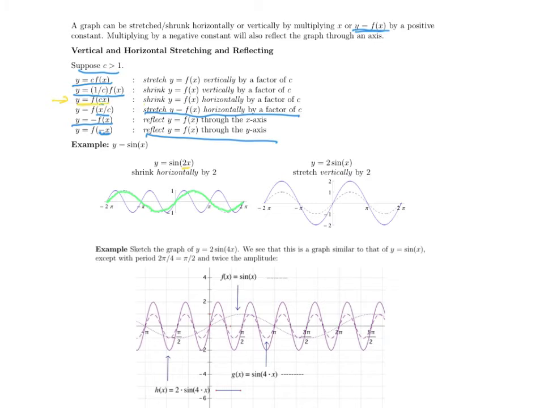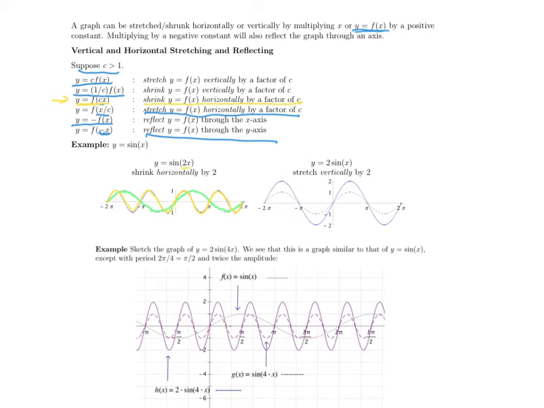The graph should shrink horizontally by a factor of 2. So what does that mean? That means that the wave on the original graph that was spread out between 0 and 2 pi is now completed on the interval from 0 to pi. And then, of course, the rest of the graph is shrunk horizontally in the same way.